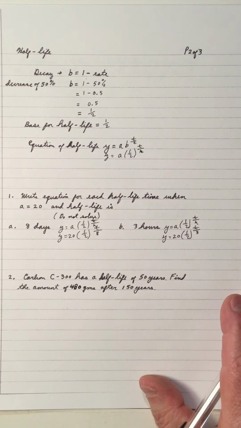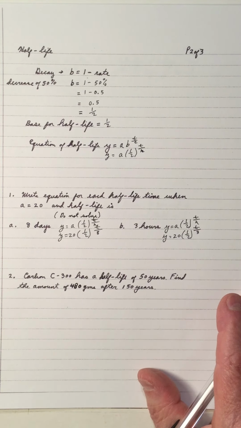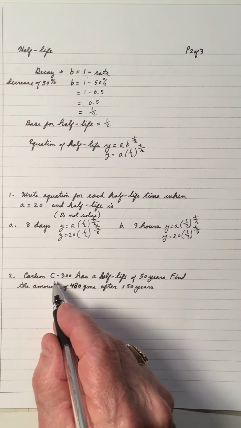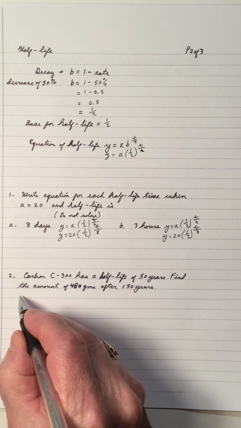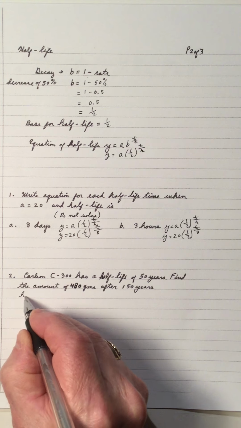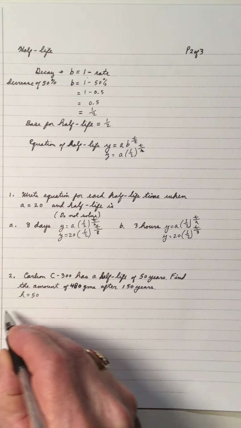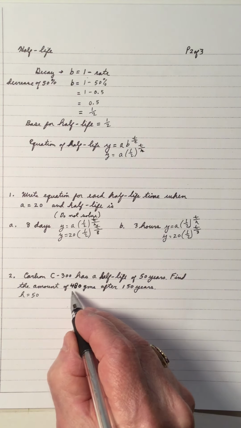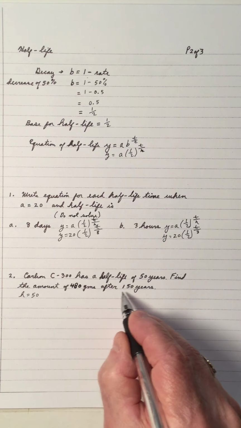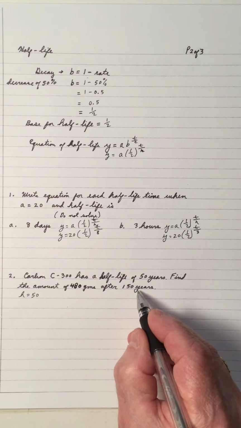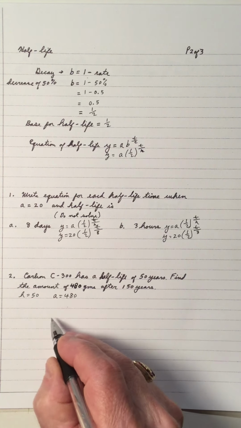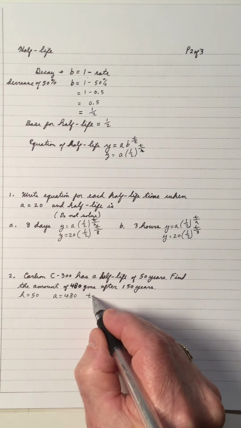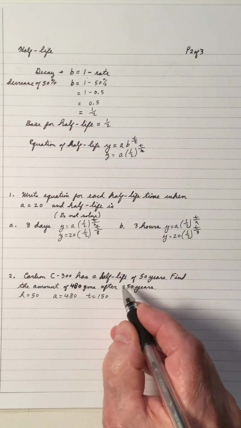So let's do some problems working out the half-life. Carbon-14 has a half-life of 50 years. So that means H is equal to 50. Find the amount of 480 grams after 150 years. So A is 480, that's the initial amount, and T is 150.